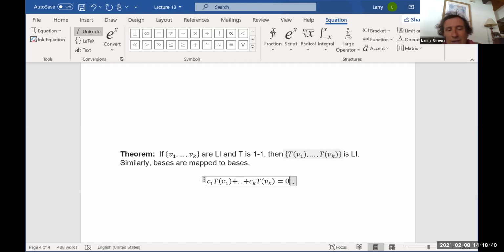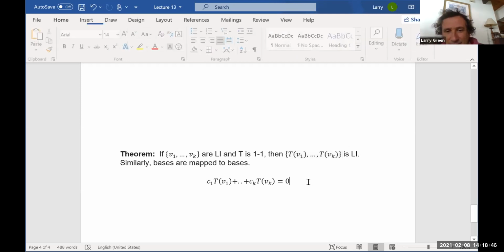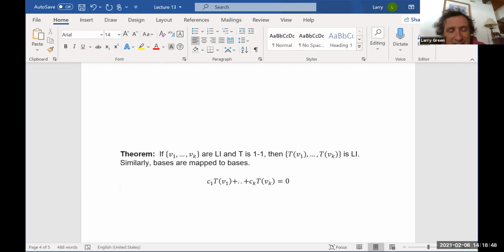Well, we know that T is a linear transformation, so I can rewrite this and consolidate.